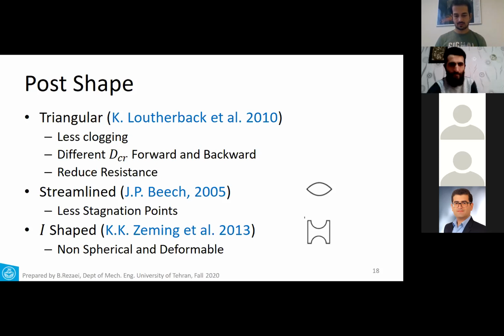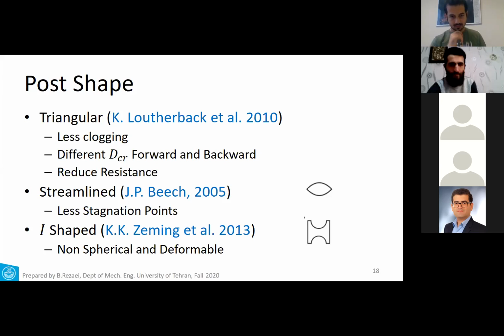These are the advantages of triangular posts. But it has its own disadvantages. It makes some asymmetry, which can cause irregularities and makes predicting the passage of the diameters harder.